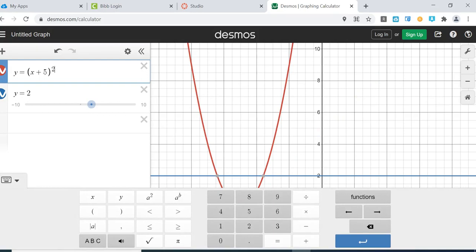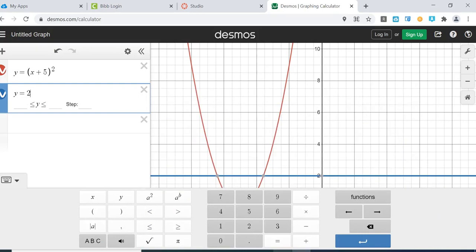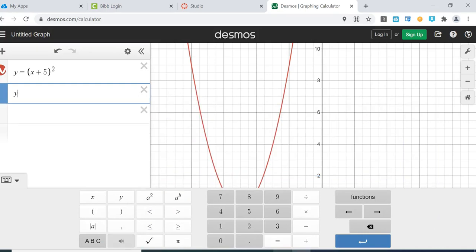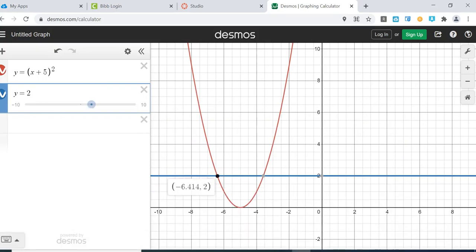So y = (x + 5)², and the other part of it was y = 2. So you just type in again y = 2 here, okay? Once your two functions are graphed, you're going to click on your intersection.